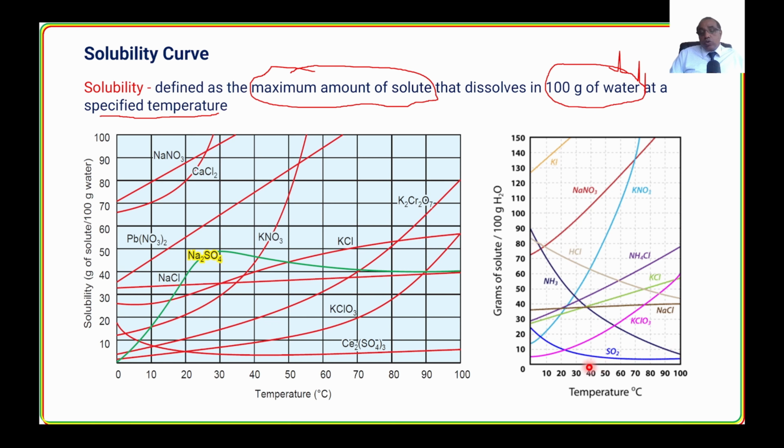So solubility decreases as temperature increases for gaseous solids. For most solids, the solubility increases as temperature increases. In fact, all these solids are dissolved by an endothermic process. If it is exothermic, even though they are solids, their solubility decreases as temperature increases.